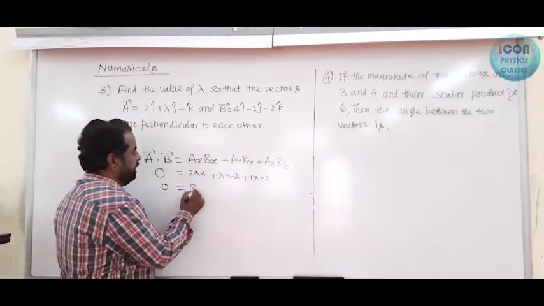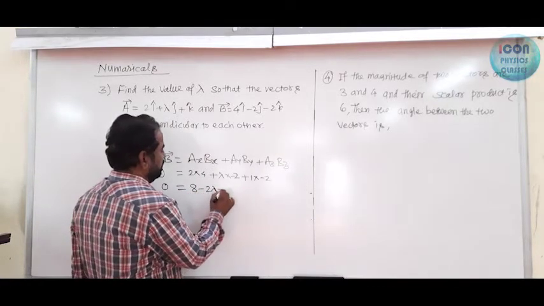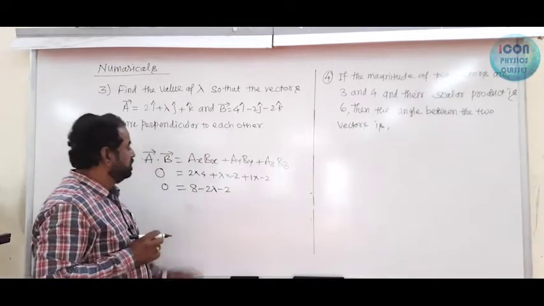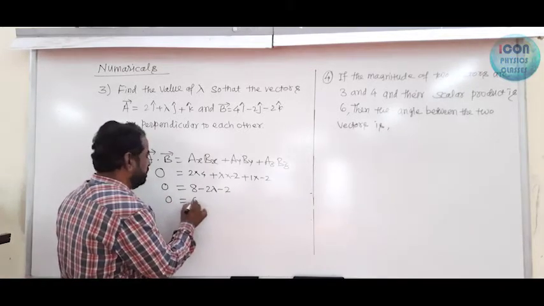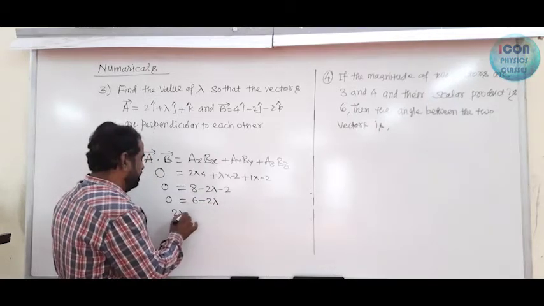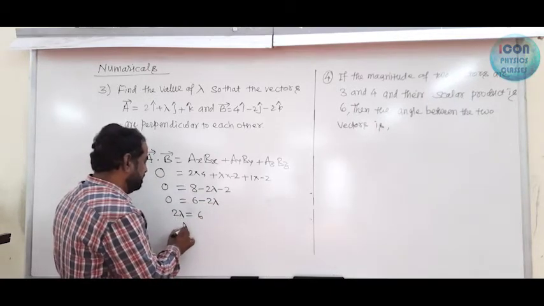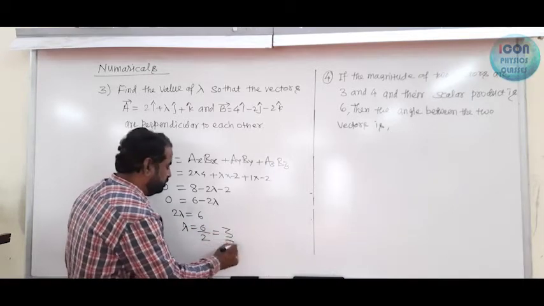So 0 is equal to 8 minus 2 lambda minus 2. So 8 minus 2 is 6. 0 is equal to 6 minus 2 lambda, so 2 lambda is equal to 6. Lambda is equal to 6 divided by 2, which is 3.